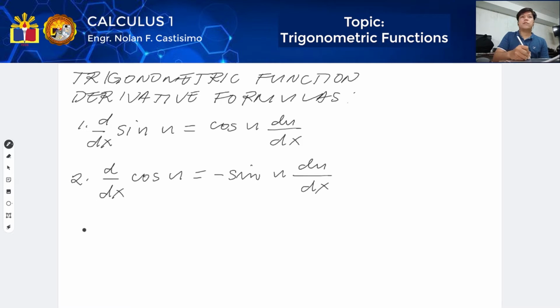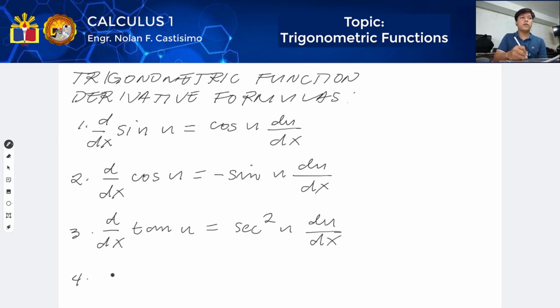Number 3 formula, we have the derivative of tangent u is equivalent to secant squared u du over dx. And then number 4, we have the derivative of cotangent u equivalent to negative cosecant squared u du over dx.